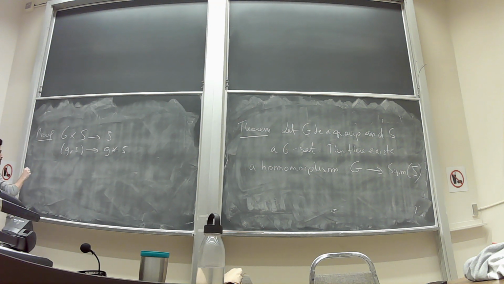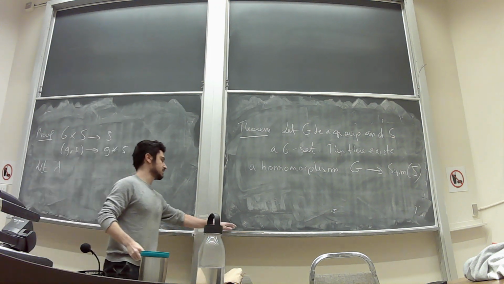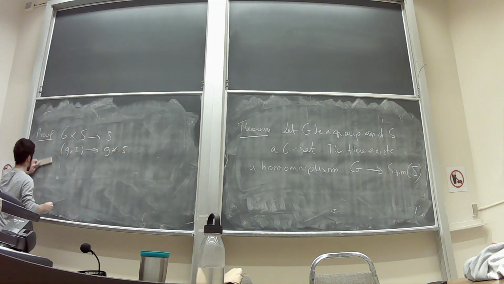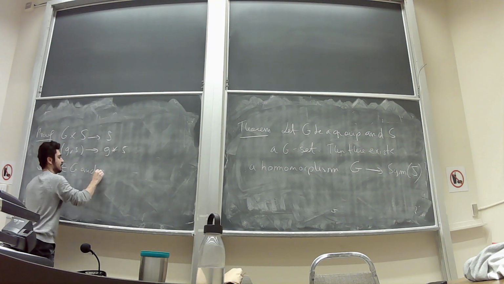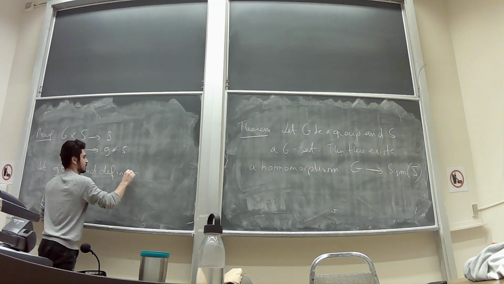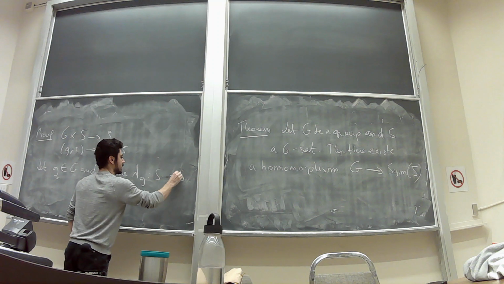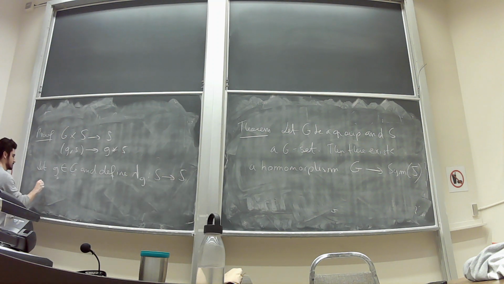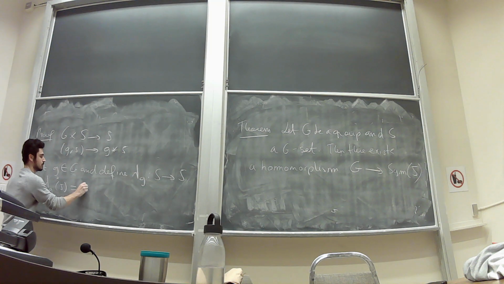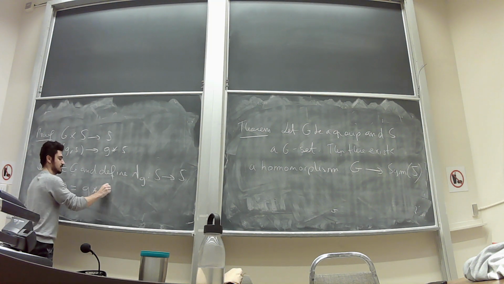Define, first of all, fix g in G, and define lambda g from S to S to be the function that sends an element little s to g star s.